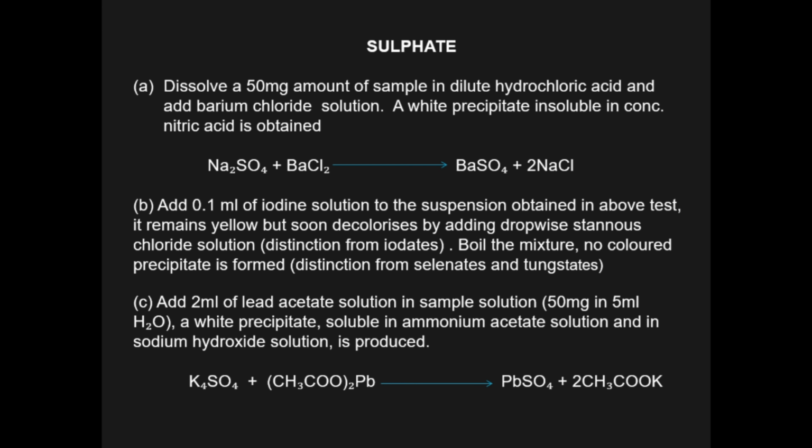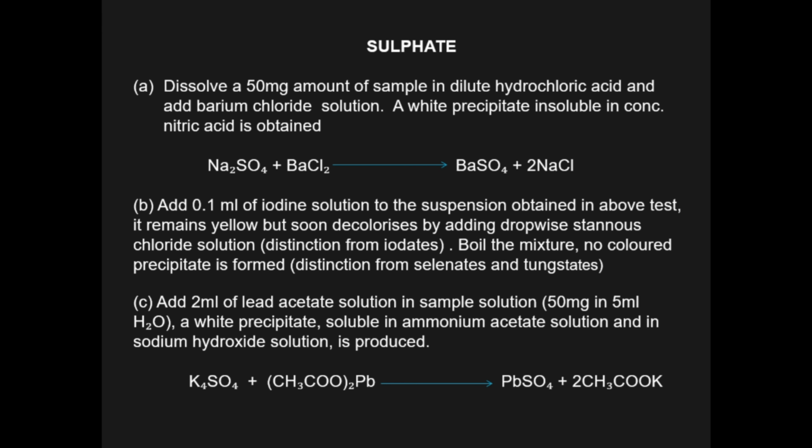In the second method, add 1 ml of iodine solution to the suspension obtained in the above test. It remains yellow but soon decolorizes on adding stannous chloride solution drop-wise. It is a distinct test for iodates. Boil the mixture, no colored precipitate is formed. Distinction from selenates and tungstates.